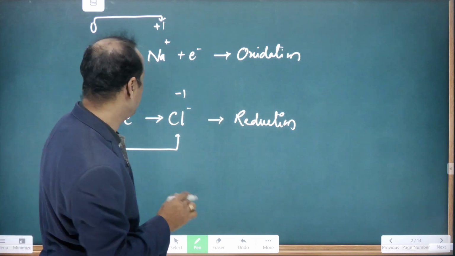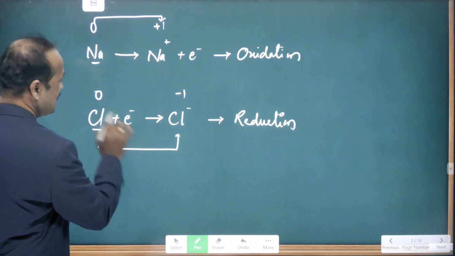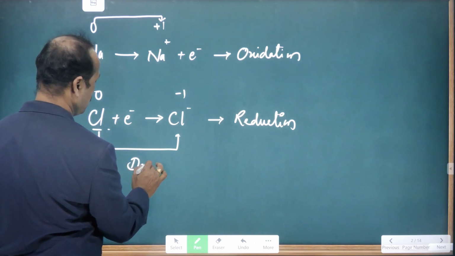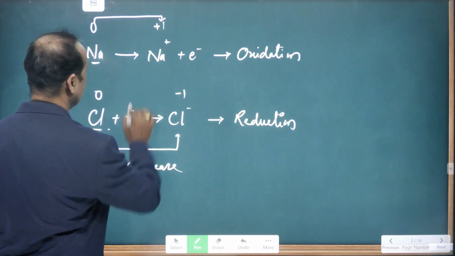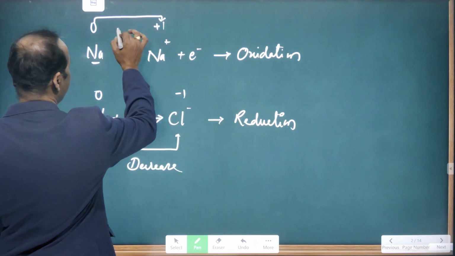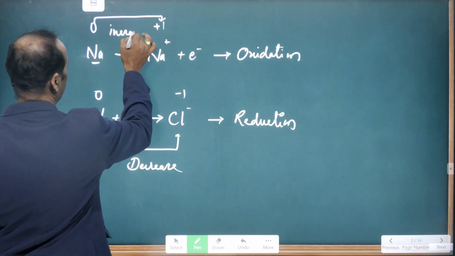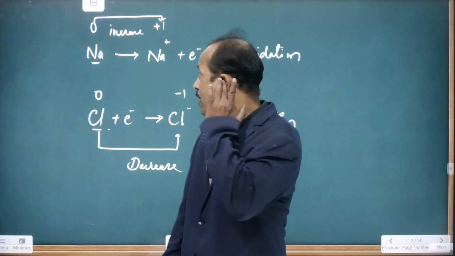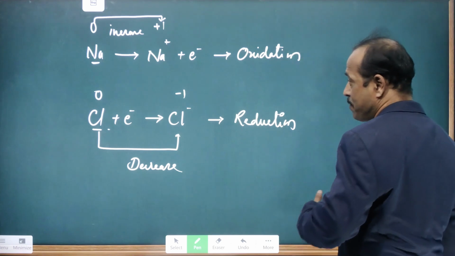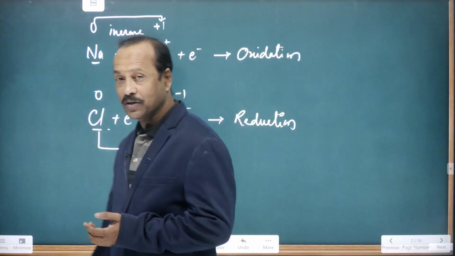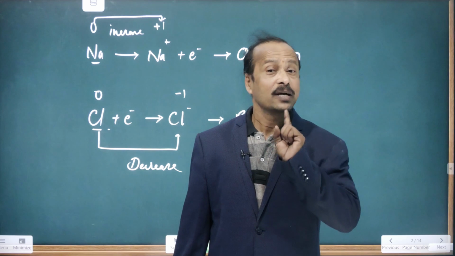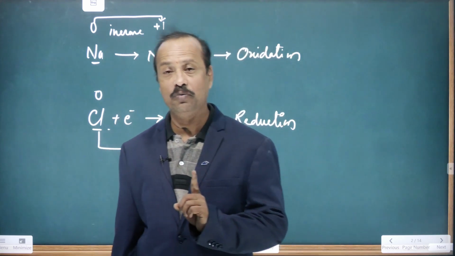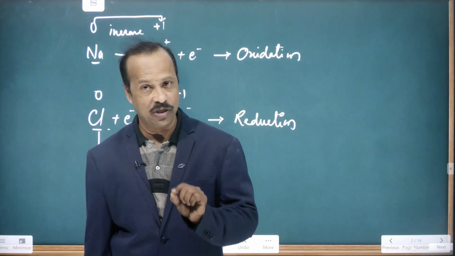So the oxidation number is decreased here, and this is called reduction. A decrease in oxidation number is reduction, and an increase in oxidation number is oxidation. Removal of electrons is oxidation; addition or gaining of electrons is reduction. Based on this, we discussed many examples along with some exercise questions in the last class.